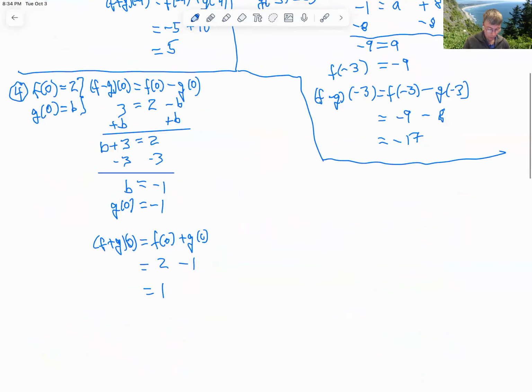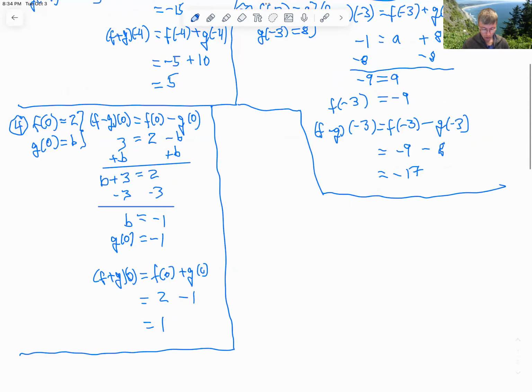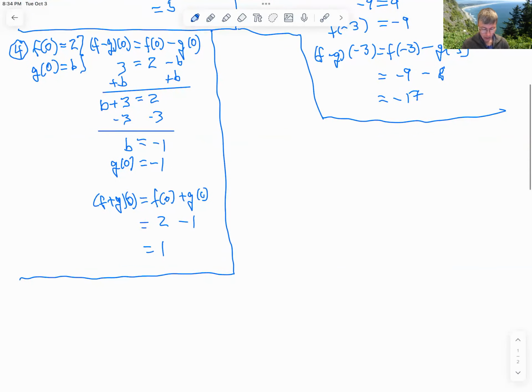What we do, we follow our same system. We're starting on 5. F of 3 equals, so we had A and B, so I'm going to say C, and G of 3 is going to be D.